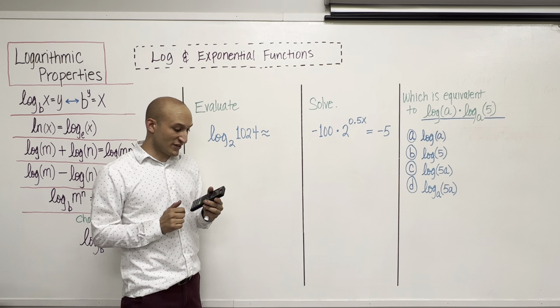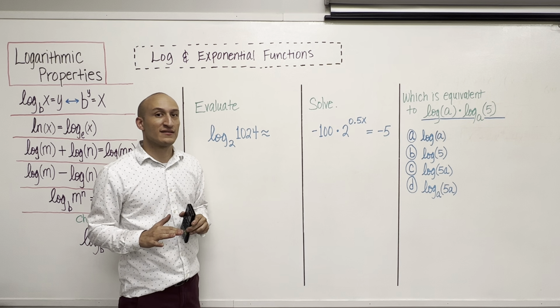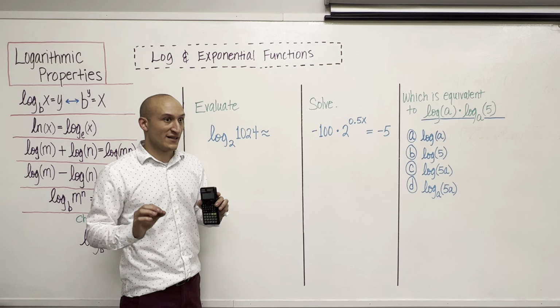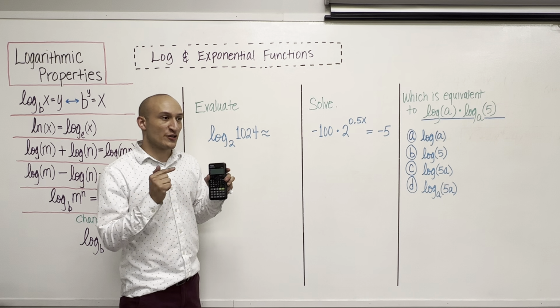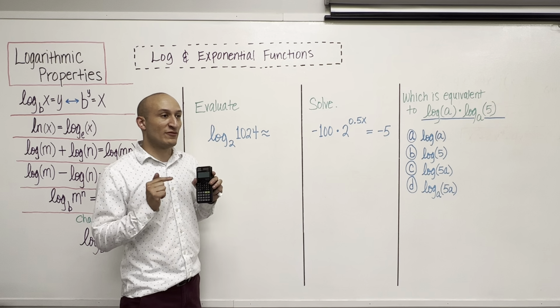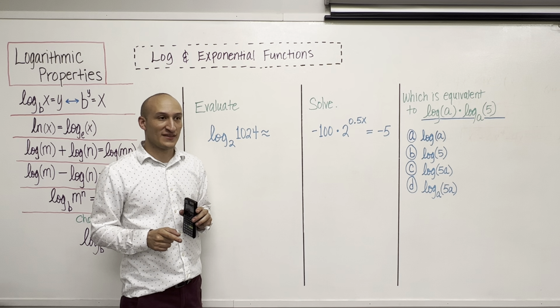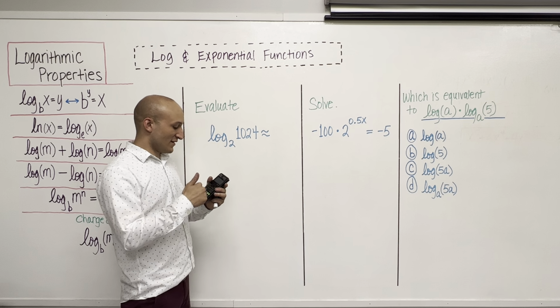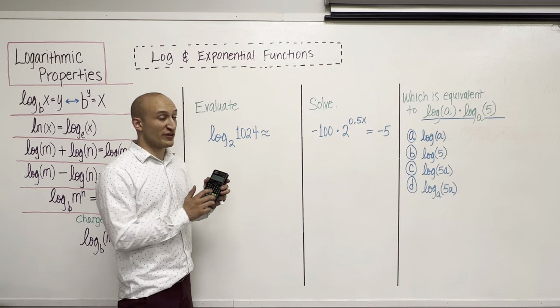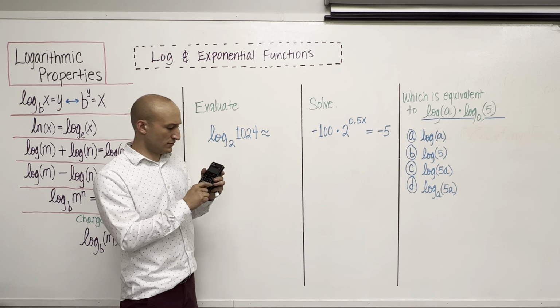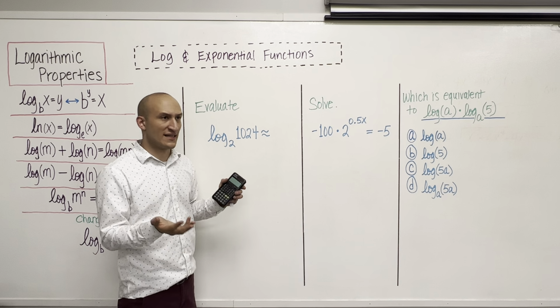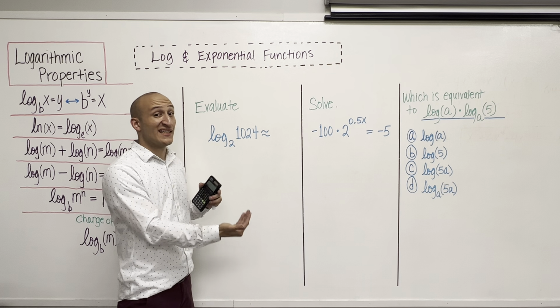So the log on your calculator will always, and I'm going to repeat this, the log on your calculator will always have a base of 10. Okay? It also has the function for the natural log, right? ln. That one we know has a base e.